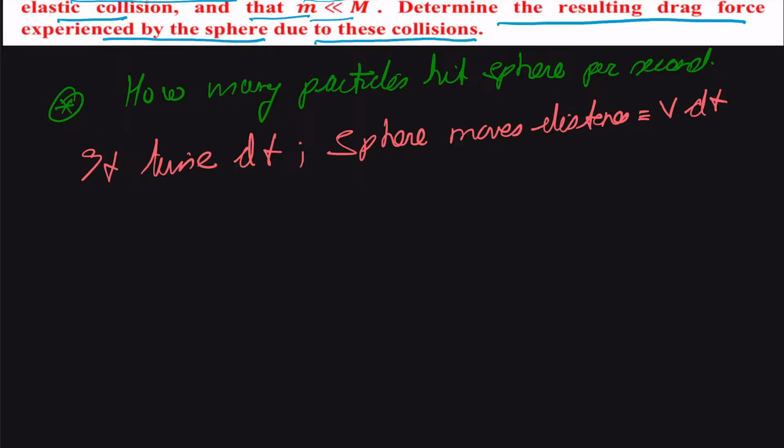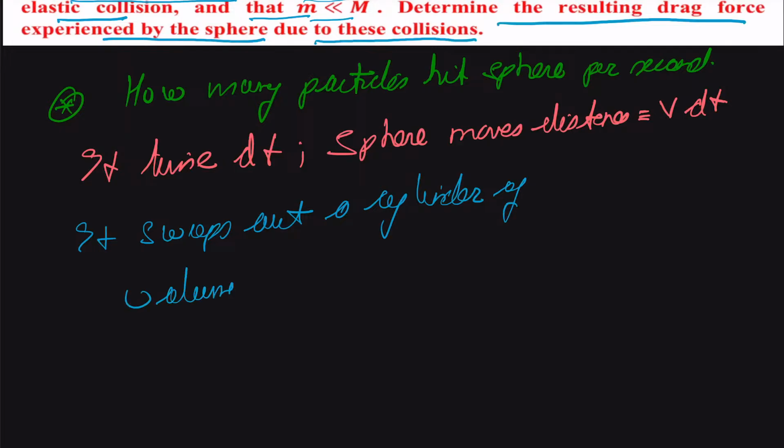Okay. So we can say that it sweeps out a cylinder of volume, and let us call this dV, and that dV will equal the area multiplied by the distance.